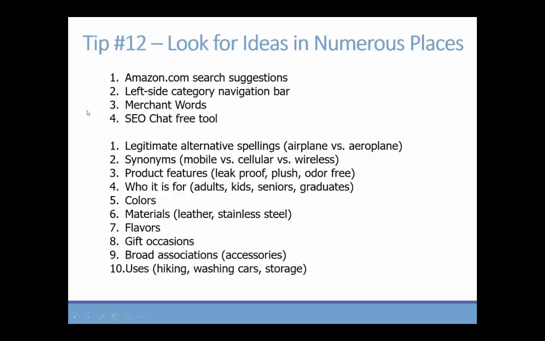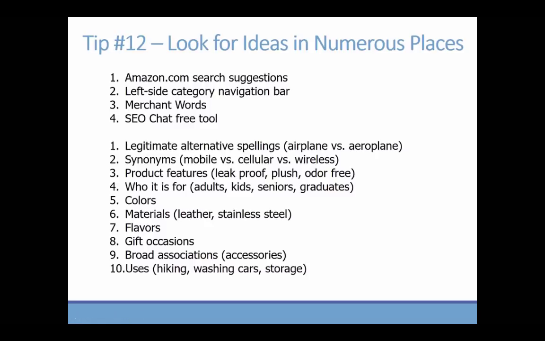And lastly, tip number 12, look for ideas for search terms in all of these different places. I've got 14 places here that you can use to find ideas for search terms. Amazon.com itself, using the search suggestions at the top.